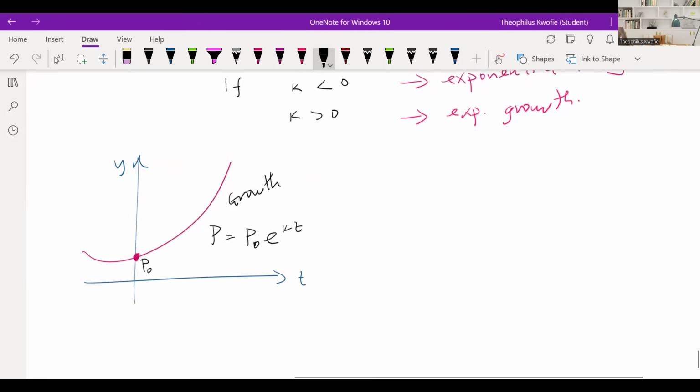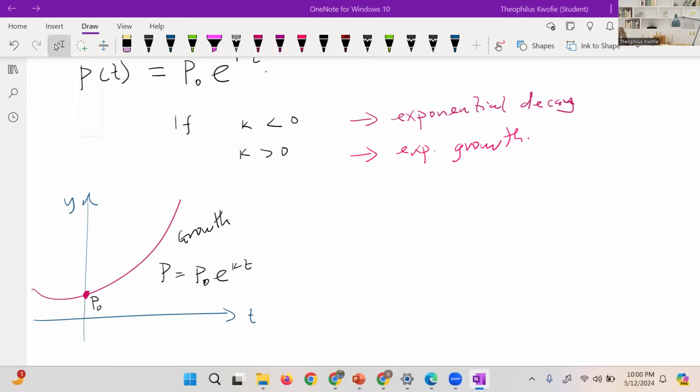Okay, so let's look at the situation for the exponential decay. So let's look at the diagram for the exponential decay.